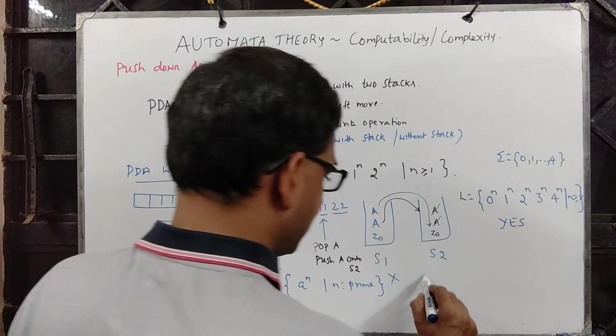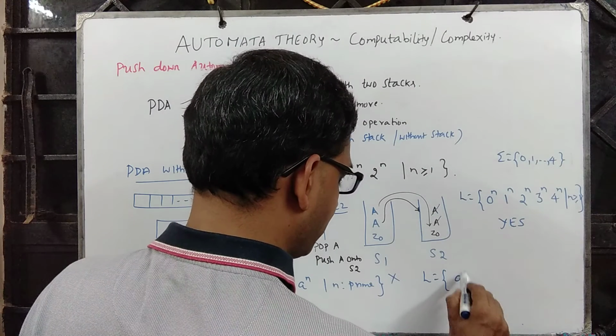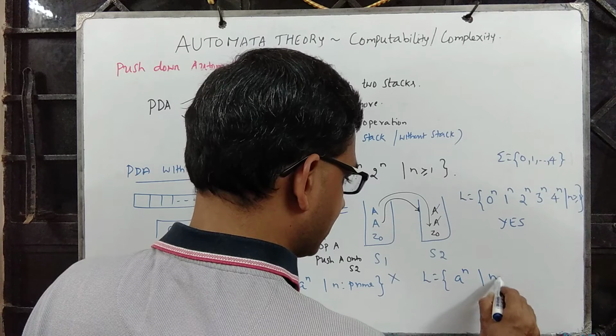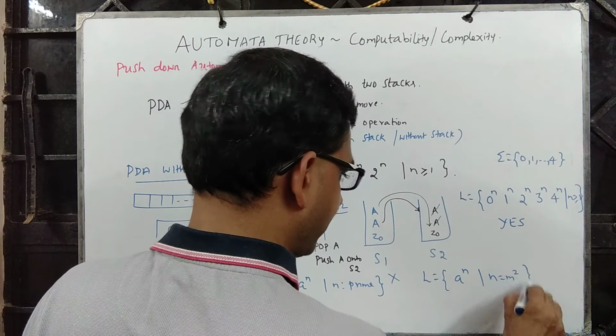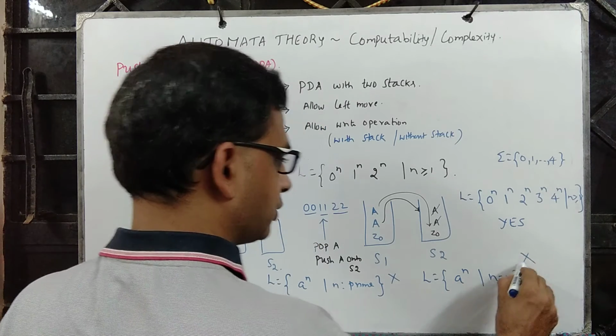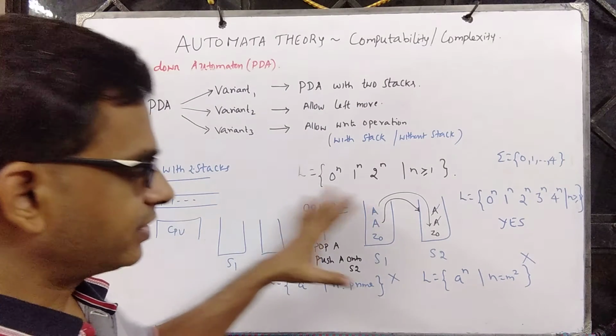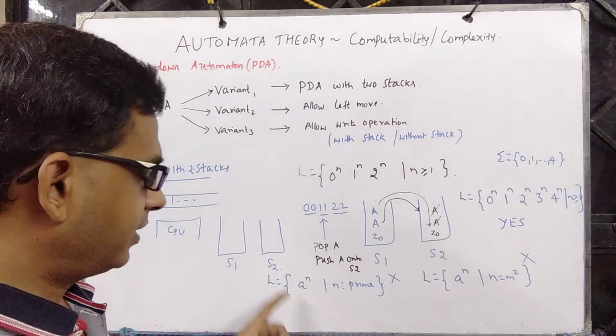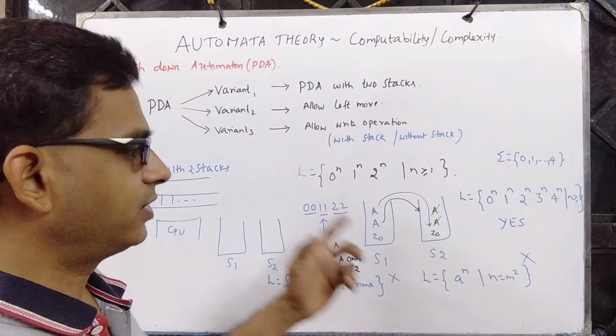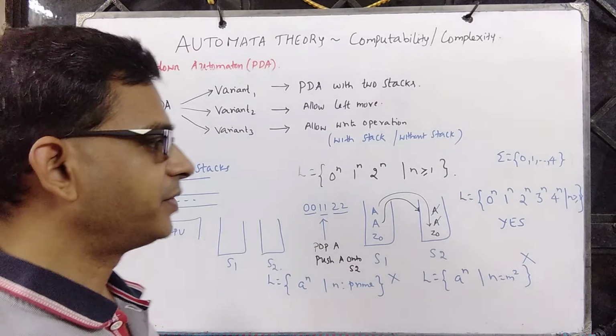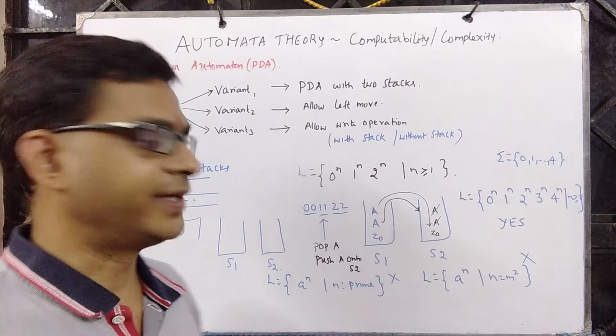Can this check whether L is equal to a power n such that n is equal to m square for some m? Answer is no. So pattern matching computing power has increased, but this arithmetic, it is still not possible with this modified design.